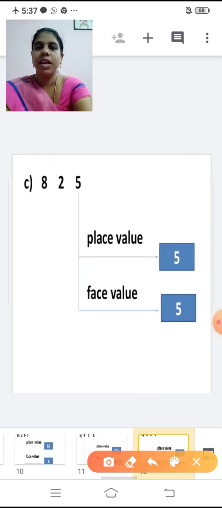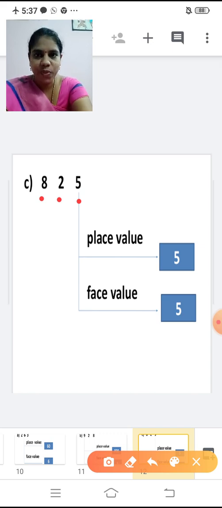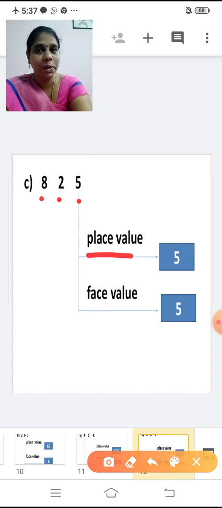Next one. 8, 2, 5. So 5 in the ones place, 2 in the tens place, and 8 in the hundreds place now. Now we are going to find out the place value and the face value of the digit 5. First we are going to see the place value of 5. 5 it is in which place? Ones place.